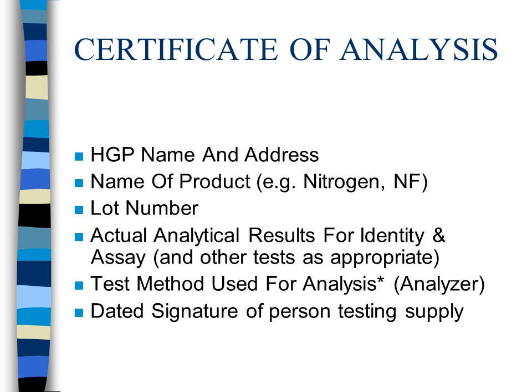And if there are any other required tests, then those are also listed. On our COA tags, it has the test method used for analysis. What analyzer was used? Was it a Servomex? Was it a Maxo? Was it a Galmac? What was used? And then finally, it has to have a dated signature of the person doing the testing.